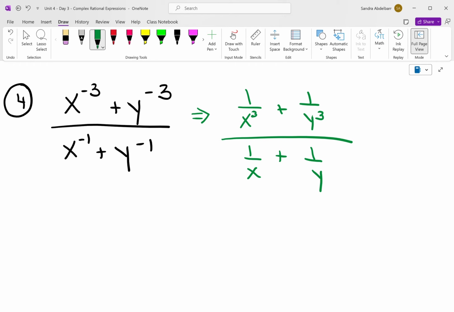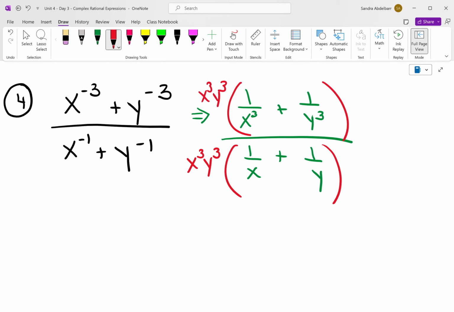Okay. So now this is back to what we were doing. Now we're going to choose what would be our common denominator. Isn't it x cubed, y cubed? So now we're going to multiply everything by x cubed, y cubed. Here, the x cubes, well, I don't want to cross it out.